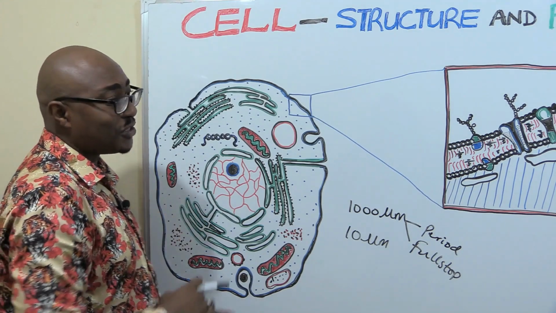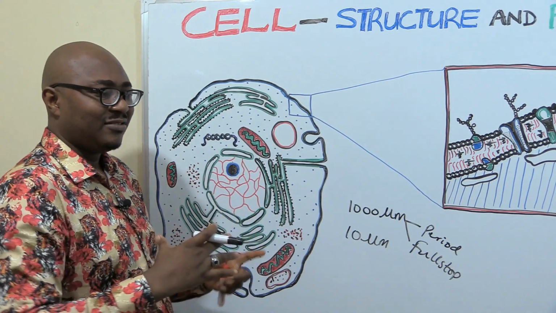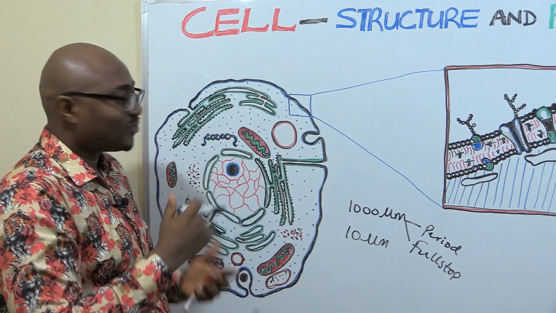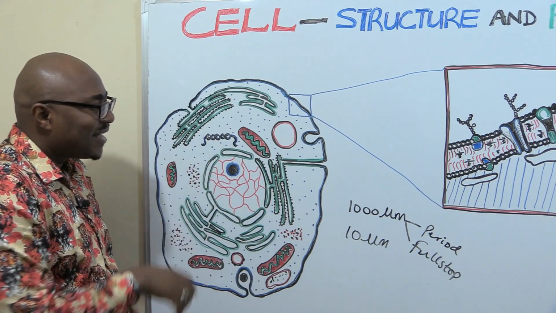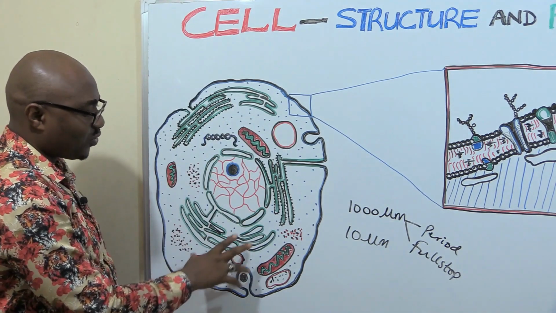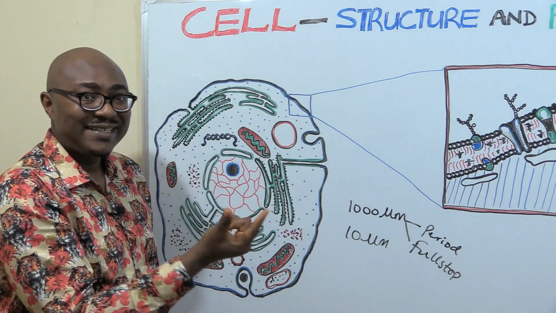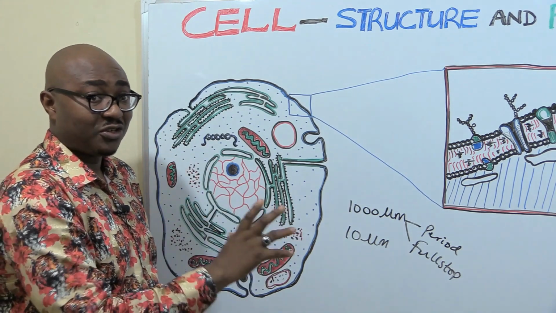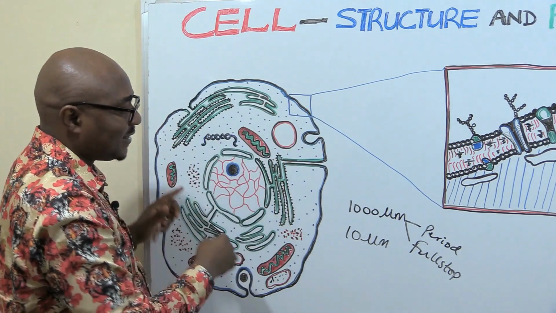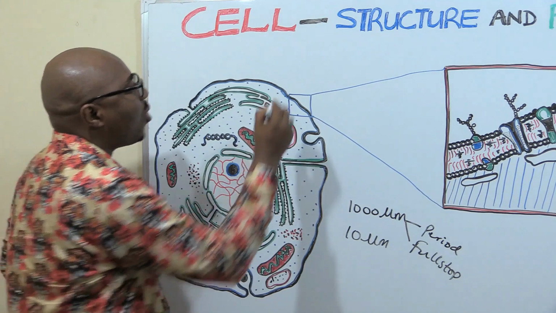So you need an electron microscope to really enlarge it, and then you begin to see that within the cell there are different structures, components that make it function. Structure and function. And these things inside the cell are called what?